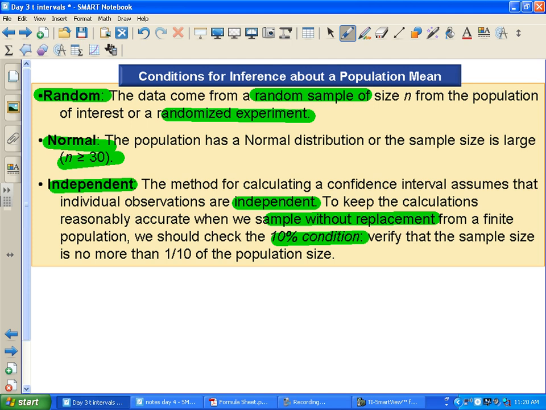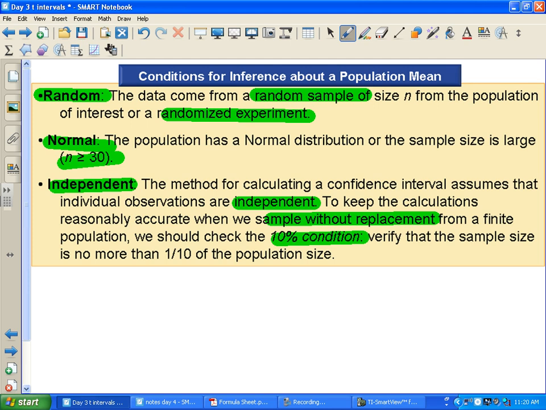And you guys should know at this point, if we're talking about a t, where it's a mean problem, greater than or equal to 30 is our magic number for a large enough sample. Because if we have greater than or equal to 30, then the central limit theorem will apply. And I know that my sample will behave normal. So we've covered that greater than or equal to 30 before. These are the big 3, random, independent, and normal. Okay?